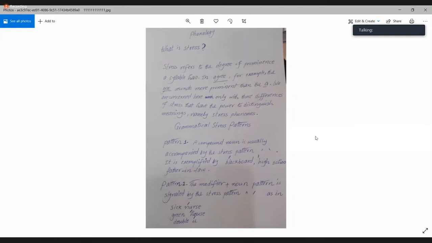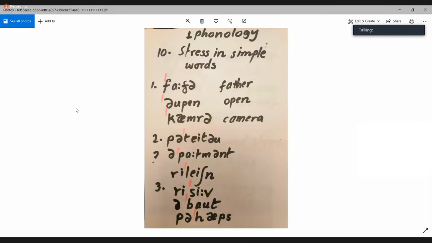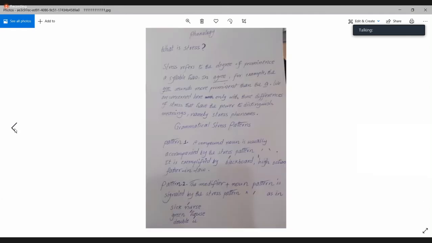Right. Let's have a second. Okay. Now, pattern 2 is where we have a modifier plus noun. It's a modifier plus noun. I don't want to keep you.